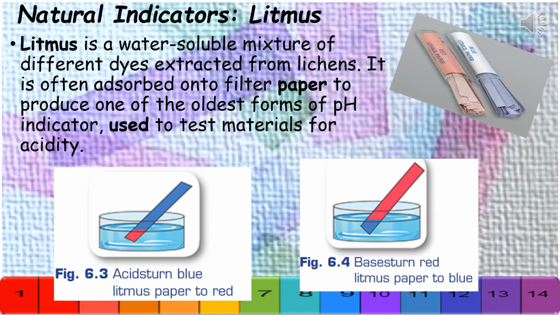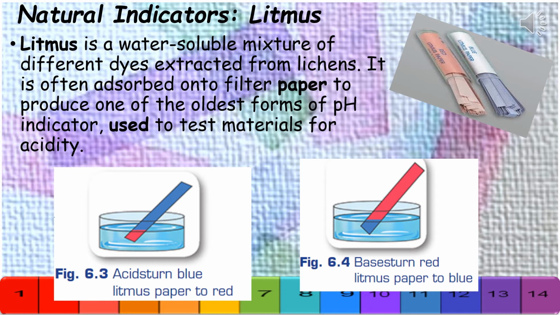So the blue litmus paper and red litmus paper are used in the laboratory for the detection of solution, whether it's acid or base. So in acids, blue litmus turns to red.